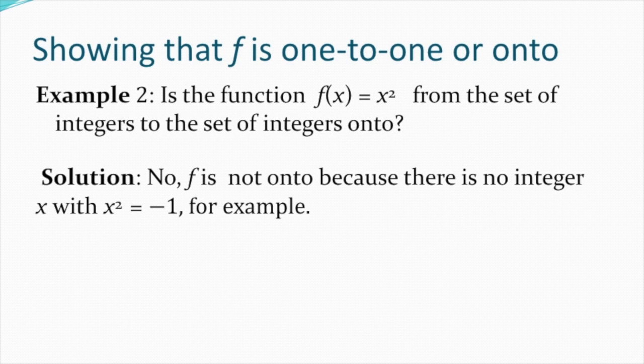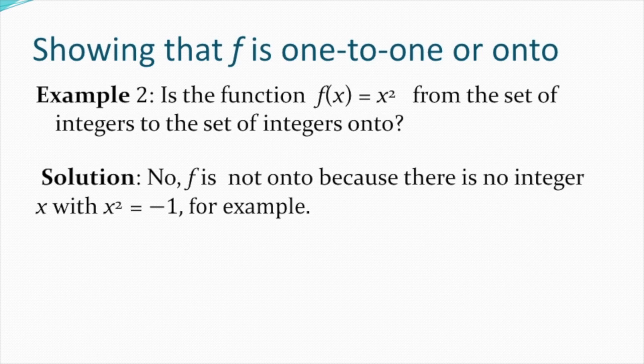So is the function f of x equals x to the power 2 from the set of integers, now we are taking a large set, to the set of integers, an onto function? The answer is no. Take, for example, the values 1 and minus 1.